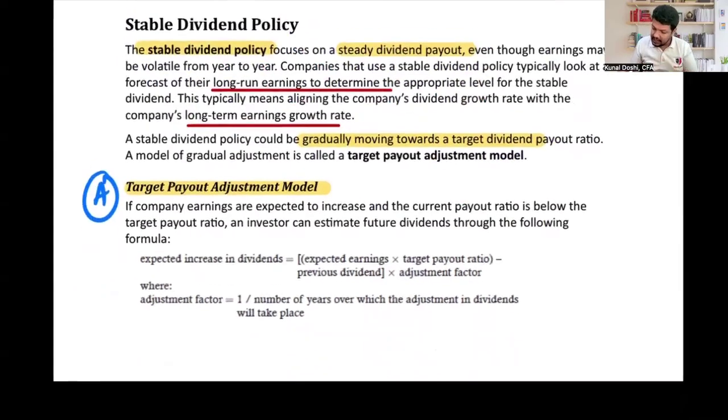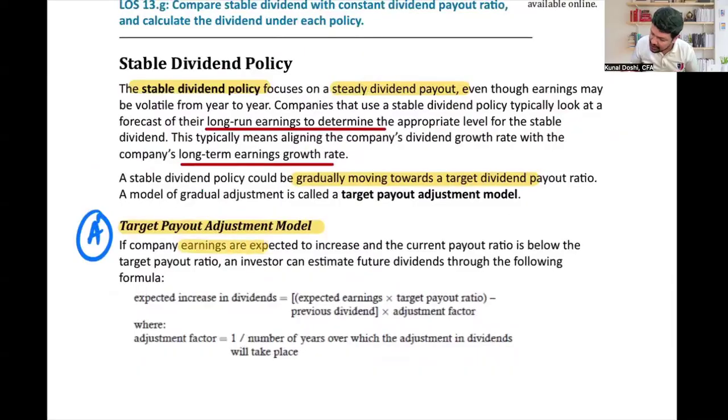See this. If the company's earnings are expected to increase and the current payout ratio is below the target, then the company will think, my current payout ratio is very low compared to the target, and I'm not expecting a fall in the earnings, I'm expecting a rise in the earnings. So let me give slightly more dividends so that I come closer to the long-term payout ratio.